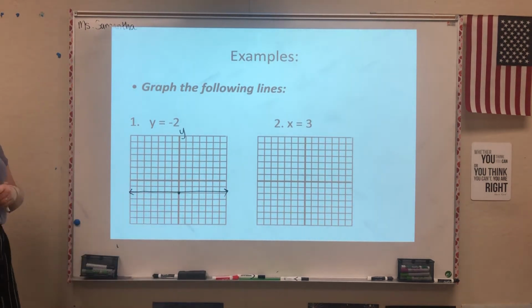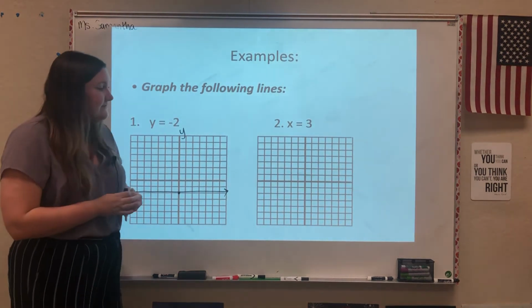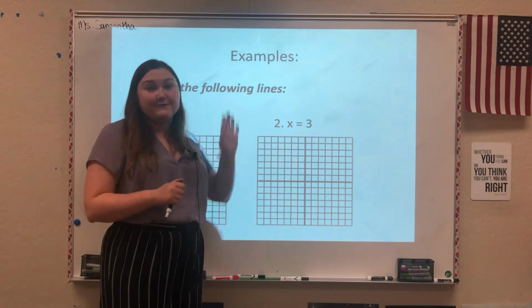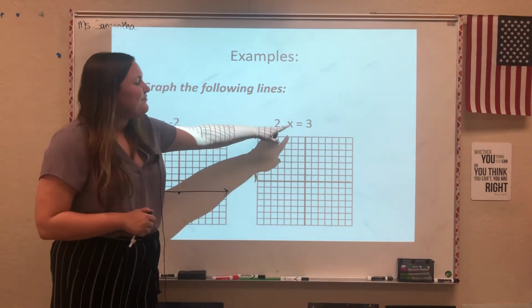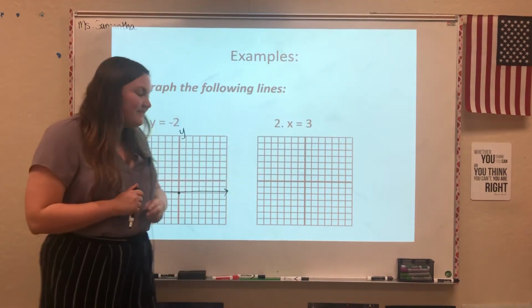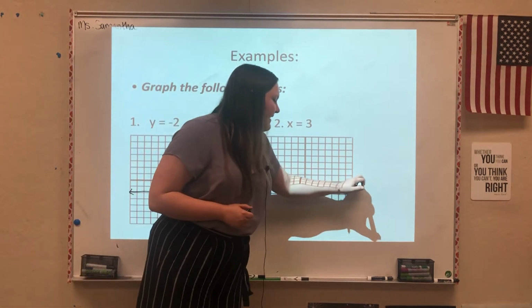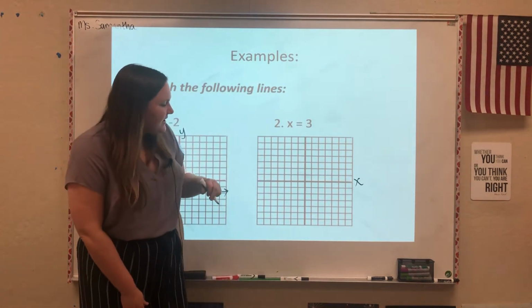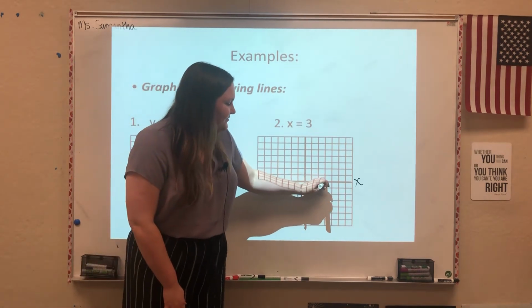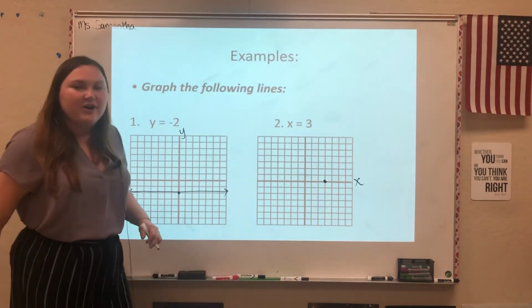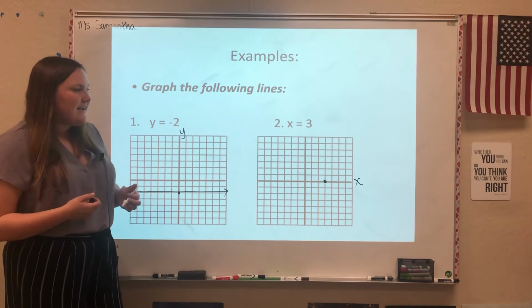You could do the same thing for the next one, x equals 3. Well, that x equals tells me a couple of things. It tells me it's a vertical line. It tells me it's crossing our x-axis at 3. So I could do the similar thing to this one. Could go to my x-axis at 3. That's 1, 2, 3. And then I want to draw a line that's passing through our x-axis at 3.